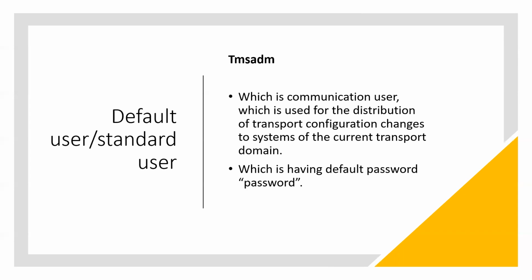What is the use of this? It is used for distribution of the transport configuration changes to the systems of the current transport domain, and it has a default password.